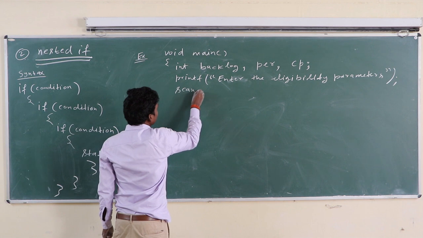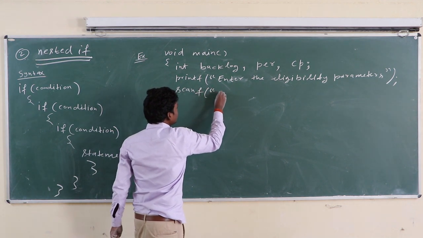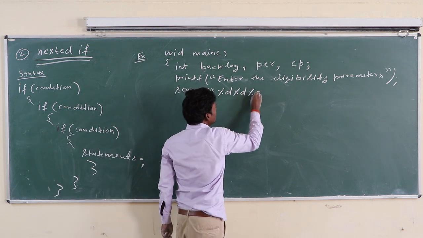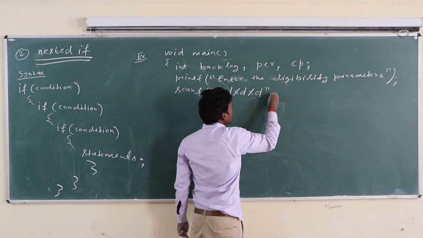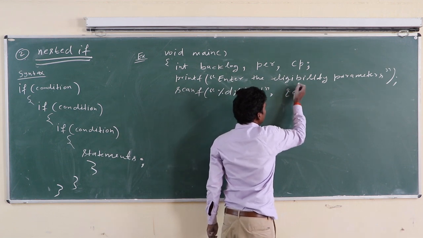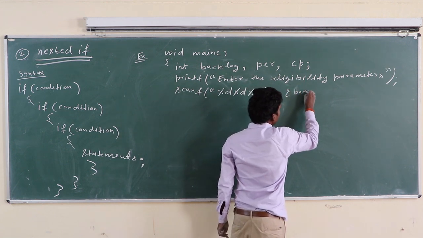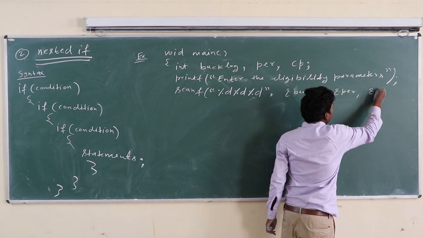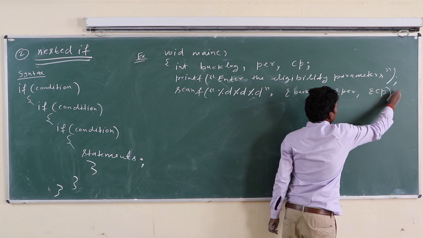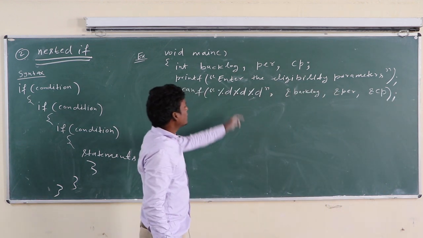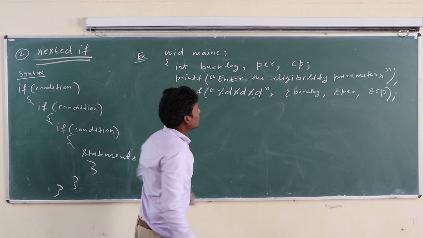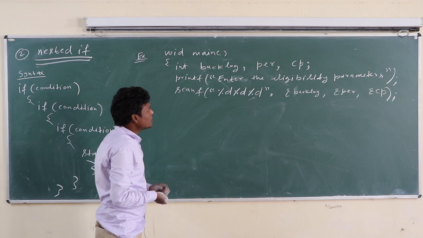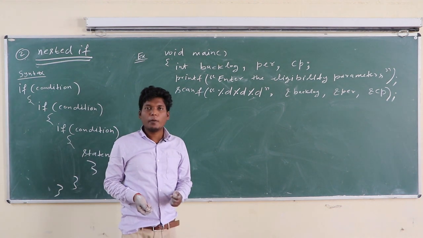Here scanf: %d for backlog, %d for percentage, %d for CP, computer programming; &backlog, &per, &cp. All three parameters are inputted here by the student. You have inputs. Now you can perform the operation you want.